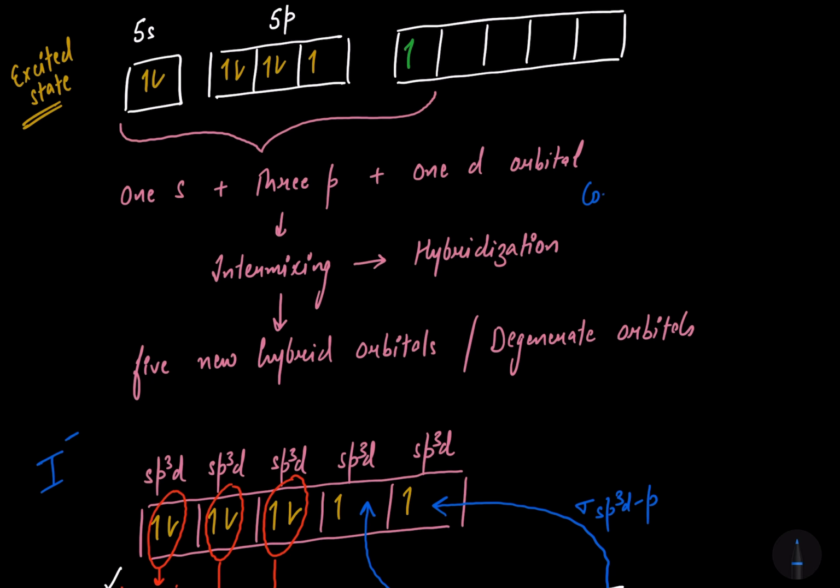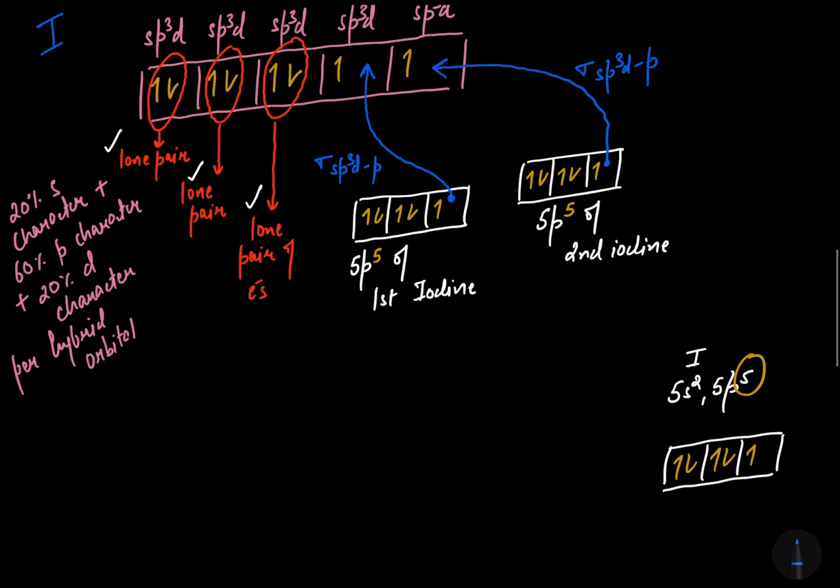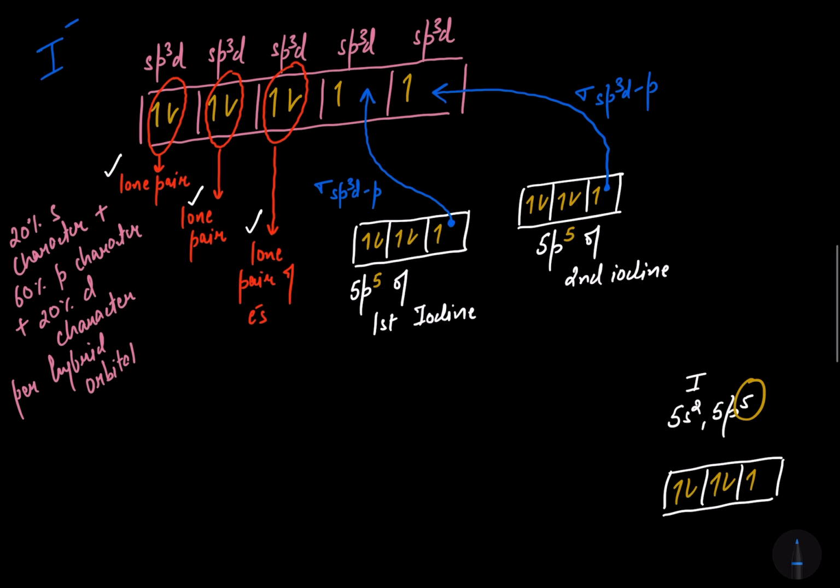So here I am writing, here is the consumption of hybridization energy. Now let's talk about the formation of the 2 sigma bonds. There is the release of energy.